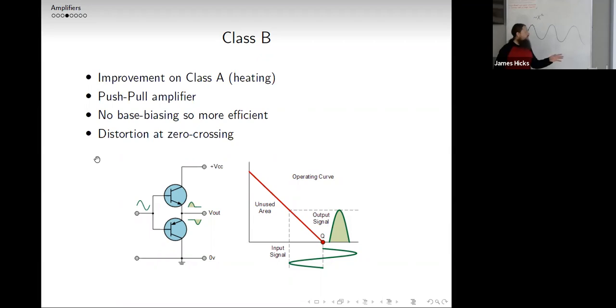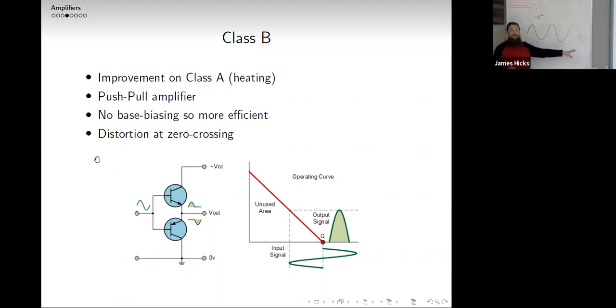One of them is a regular NPN transistor, that's the top one. The bottom one is the reverse type, PNP transistor. It's there to handle the negative signal. So, why is this more efficient?